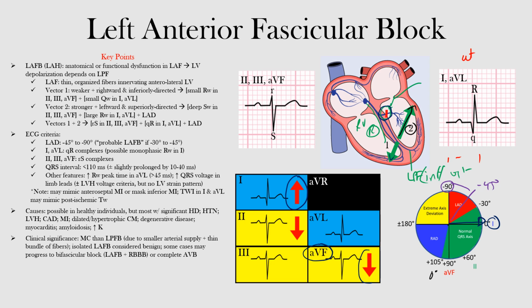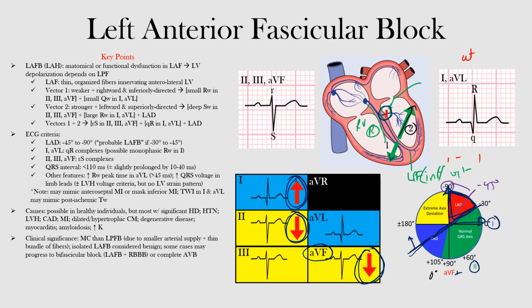This is AVF, so this is the positive end of AVF, and we'd be heading this way. Then we look at lead 2, where perpendicular to lead 2 would put us right here, so we want lead 2 to be on this side, which means it has to be negative. So negative in lead 2 puts us in this region here, the true left axis deviation. So really look for upright in lead 1 and negative in leads 2 and AVF, and that can pretty much give you the diagnosis.